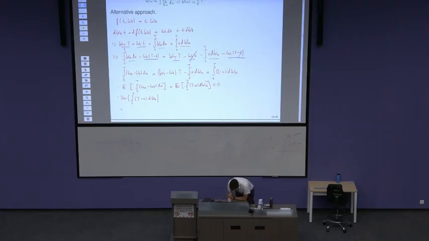So the variance is the same as the expected value of the integral t minus u dwu squared. Simply because the expected value is 0, so minus 0 squared is still 0. So this is the only thing I need to compute.